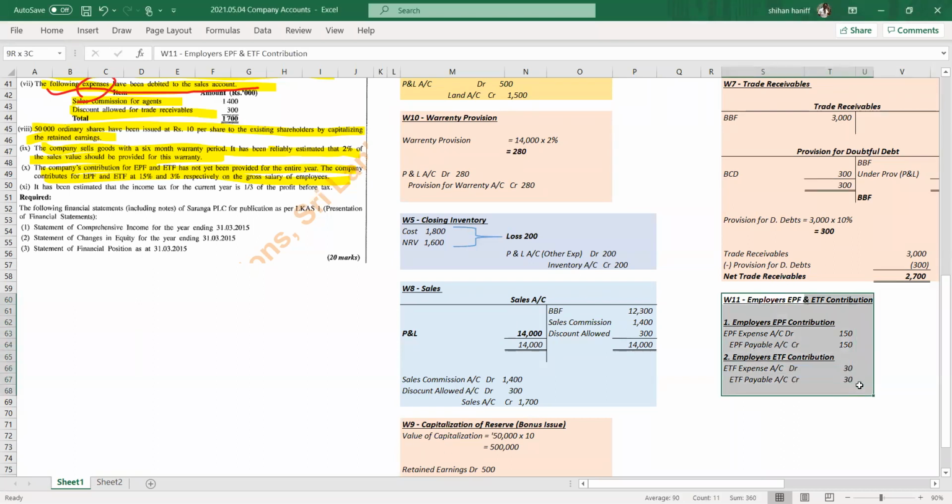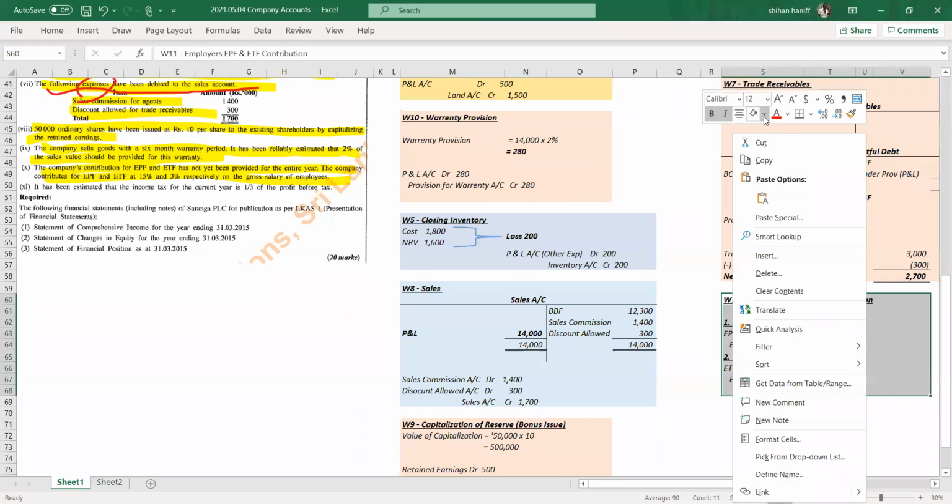So this is the double entry for EPF and ETF.